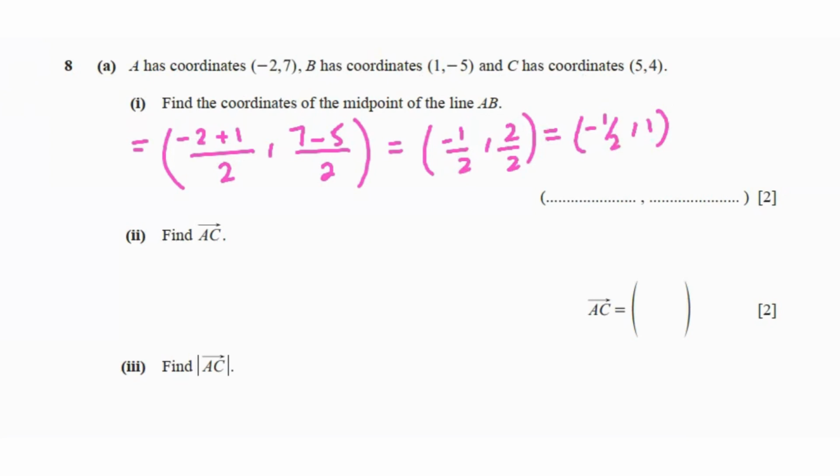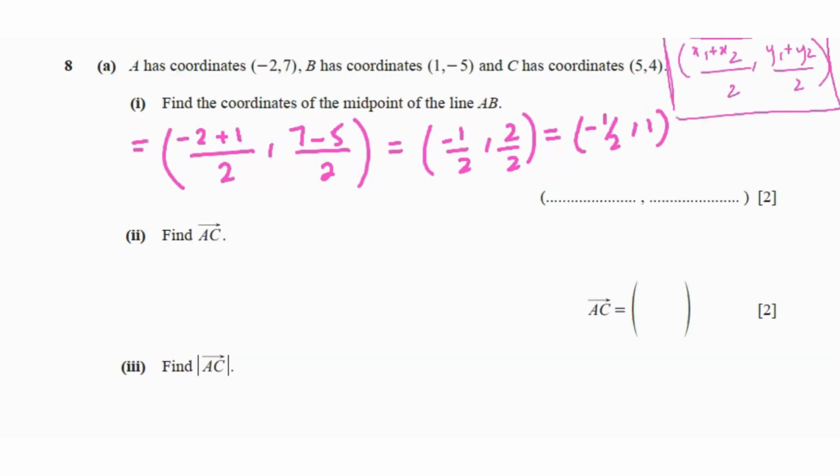The formula we used over here is x1 plus x2 over 2, comma y1 plus y2 over 2. That is the formula for the midpoint of two points.